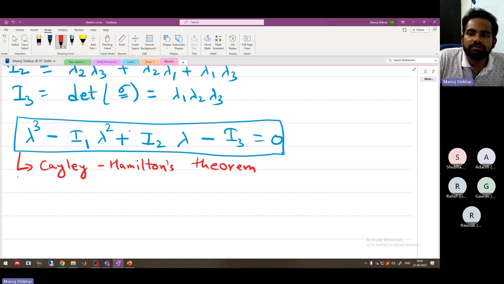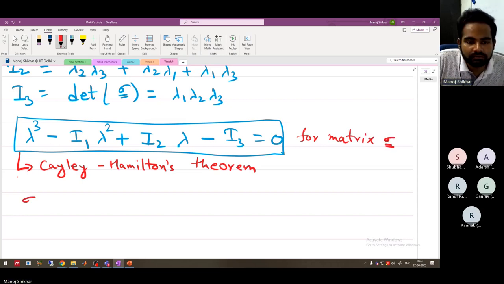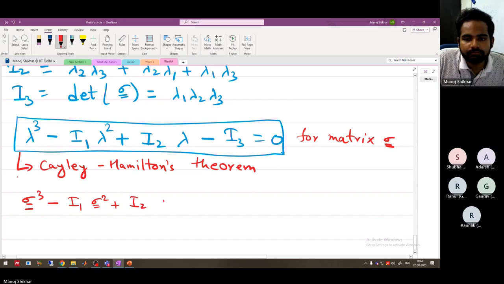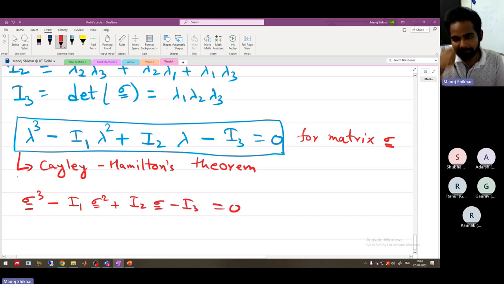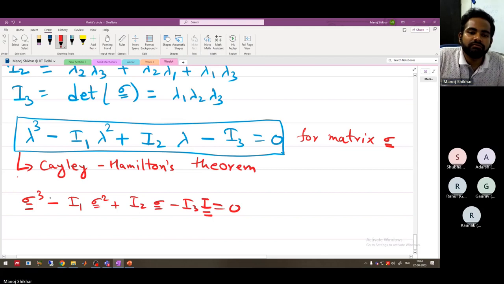Suppose this was the characteristic equation for matrix A or matrix sigma, so this will also be true. Here I should write identity because this has become a matrix equation now.